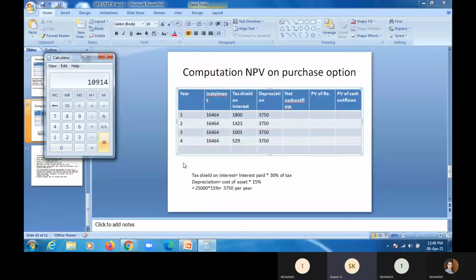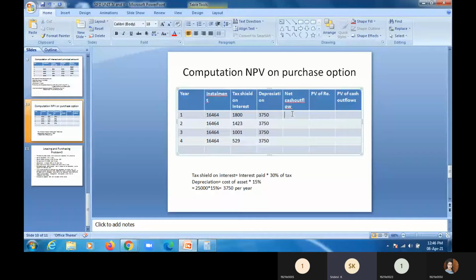The remaining amount is 10,914, the net cash outflow. In the same manner, you calculate for the second year, the third year, and the remaining values. 11,291 in the second year, 11,713 in the third year, and 12,185 in the fourth year you will get.